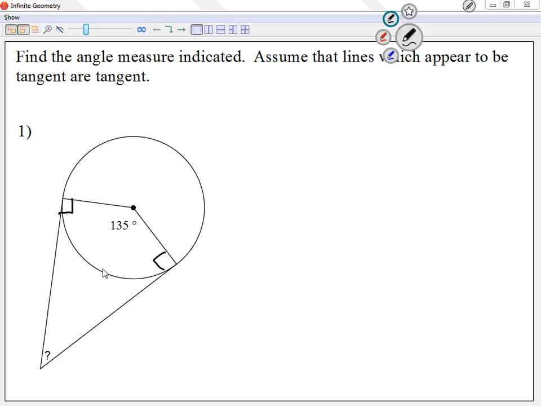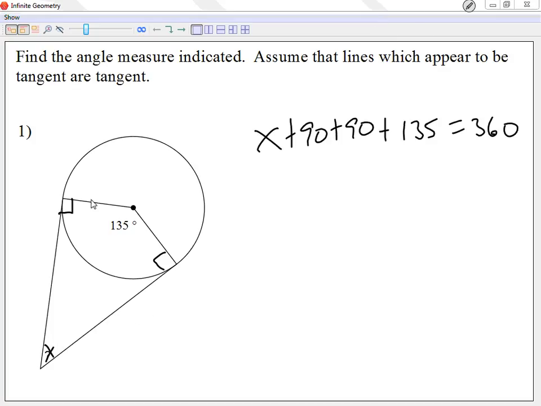So when it asks me to find the angle measure indicated, let me call it x for right now. I'm just going to go x plus 90 plus 90 plus 135 is equal to 360. I added the four angles, and it is equal to 360. 90 plus 90 plus 135, that can be simplified, right? We can make that a smaller number.